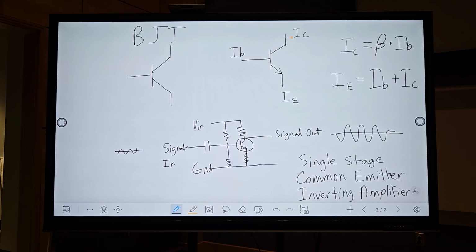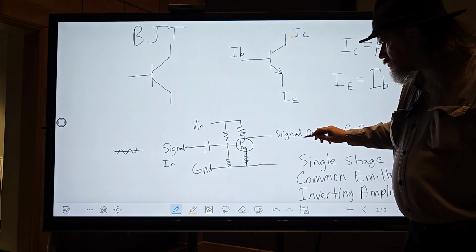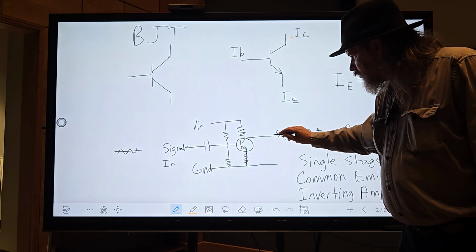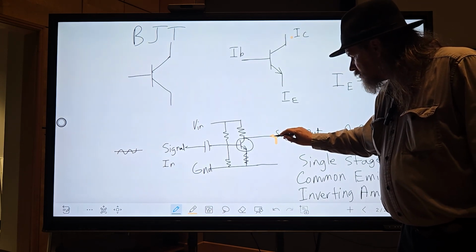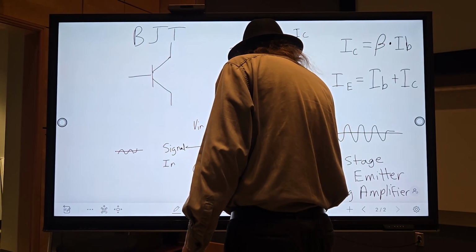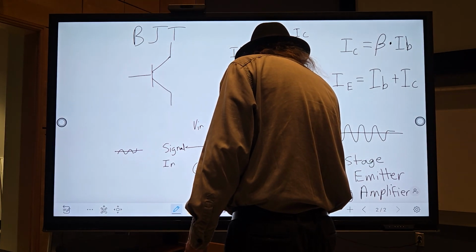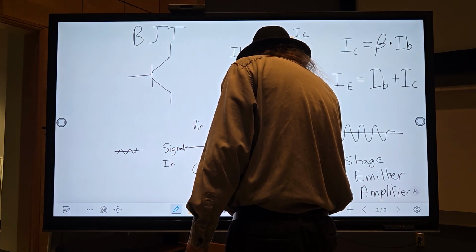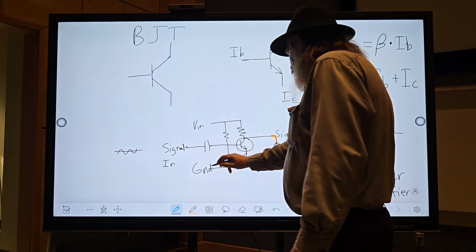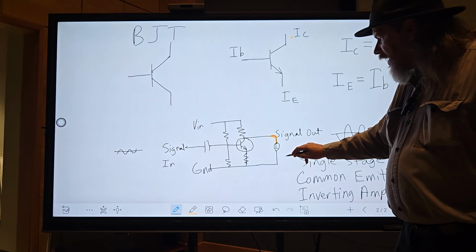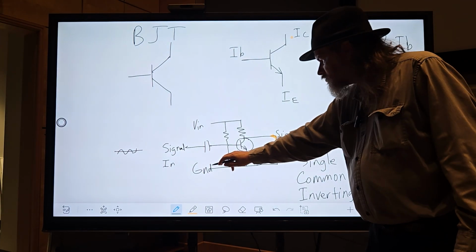It is called a common emitter because the load that you would put across the output shares a common ground with the emitter.